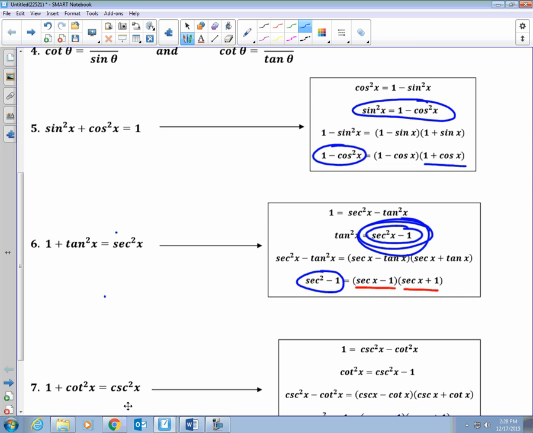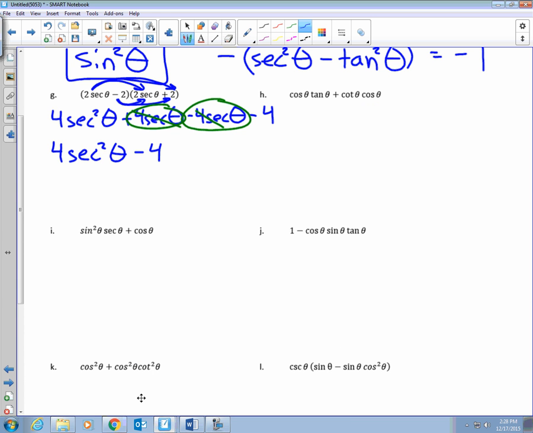So how can I make this look like a secant squared minus 1? Factor out the 4. What's secant squared minus 1? So I got 4 tangent squared.